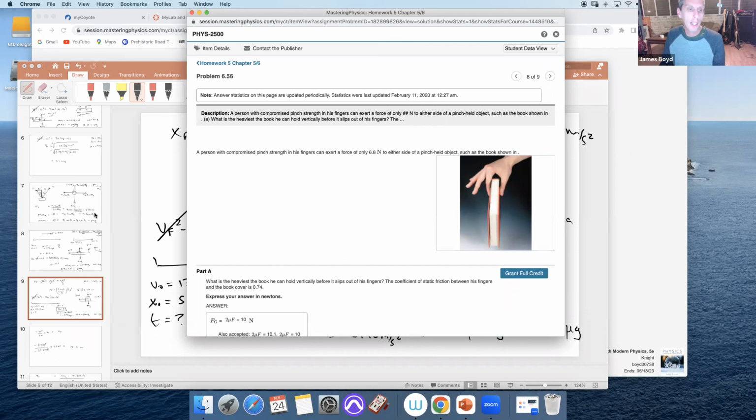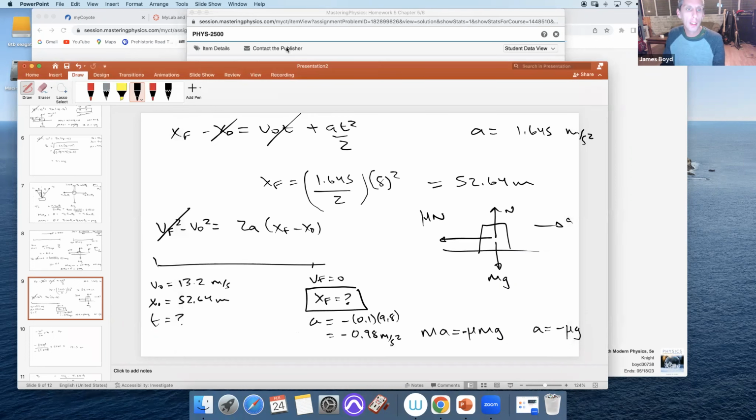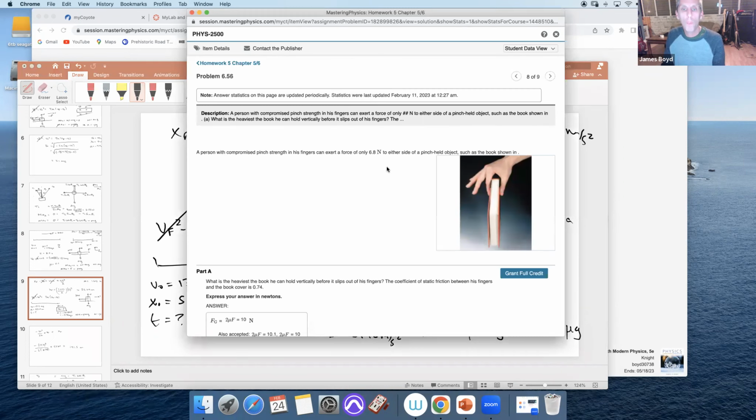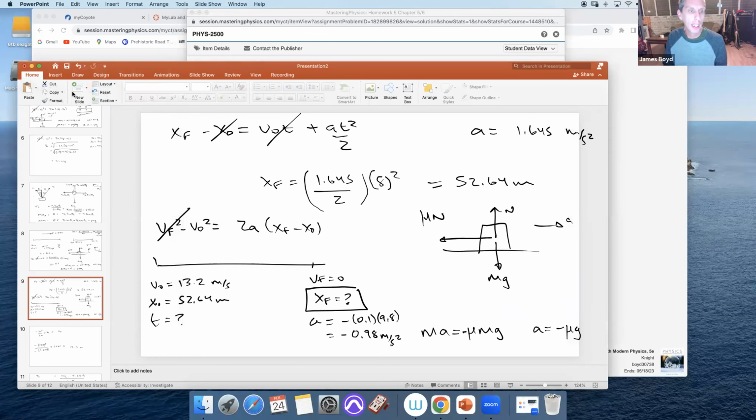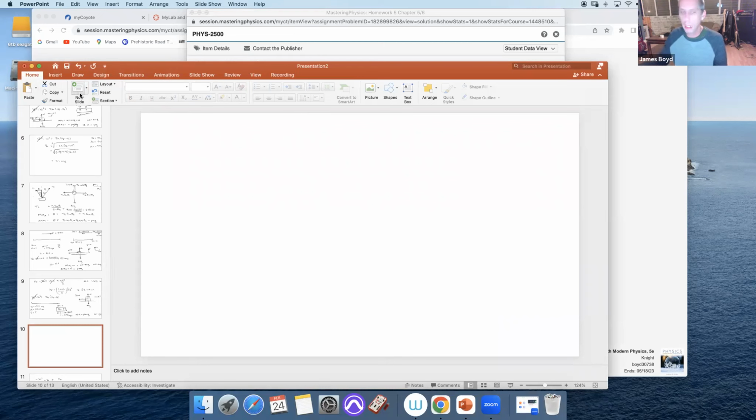All right, now this one is actually kind of fun. We have a force that we can exert of 6.8 newtons on either side of the object as shown. Now there's a coefficient of static friction of 0.74. So let's think about this. We're holding this book with our fingers.